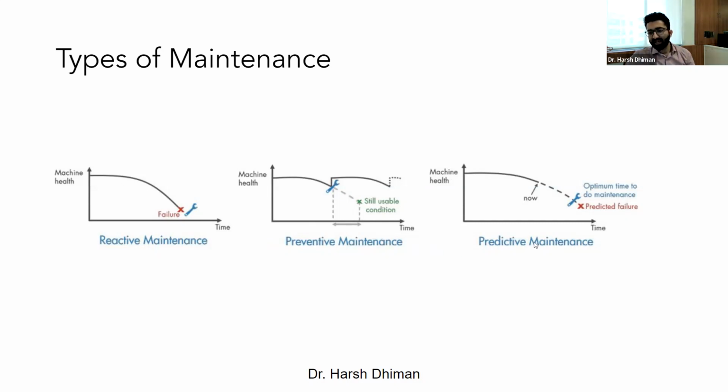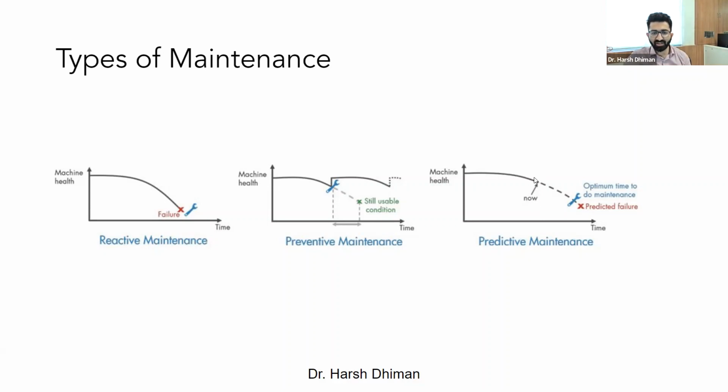Then you have a technique which nowadays people have been focusing on more, which is predictive maintenance, where you predict when the fault would happen in future. And because you are trying to predict a trend, you are likely to make an error. That's a straightforward fact of this type of predictive maintenance, that you are taking a decision about the future based on your current information.